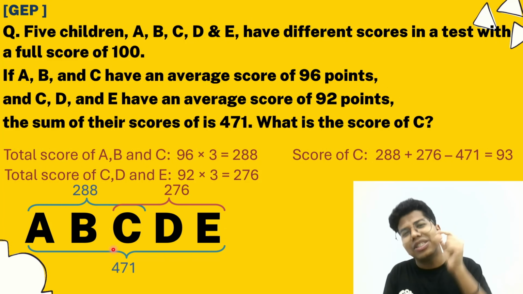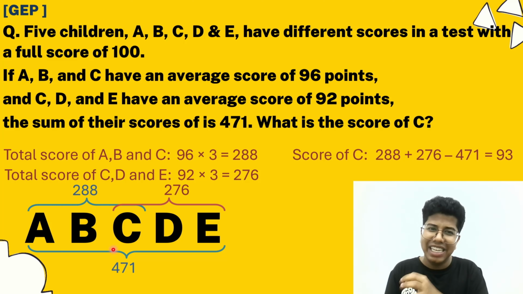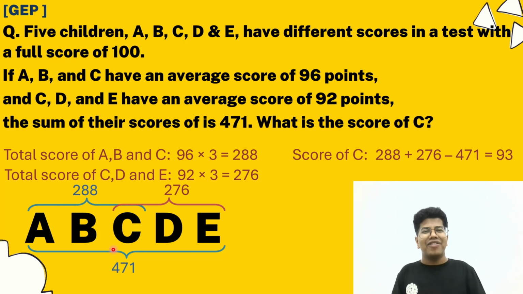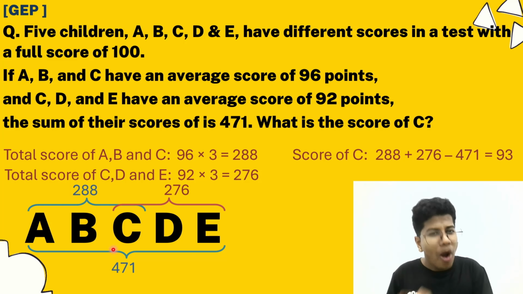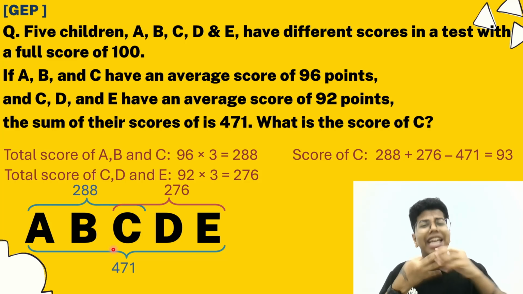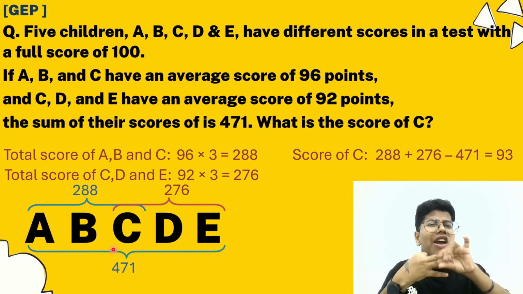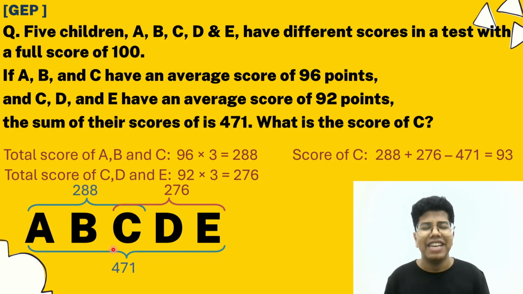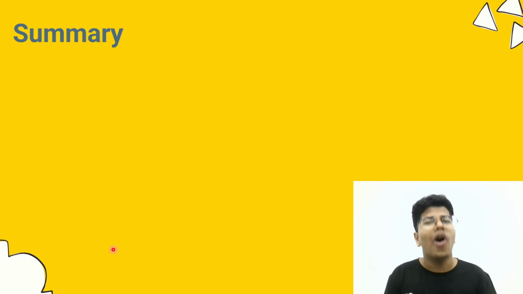So the individual score of C is 93. So what we can understand from this question is that among the average, there are 3 things present: average, total and number. In these 3, if we know any 2 values, we can easily find the third one.